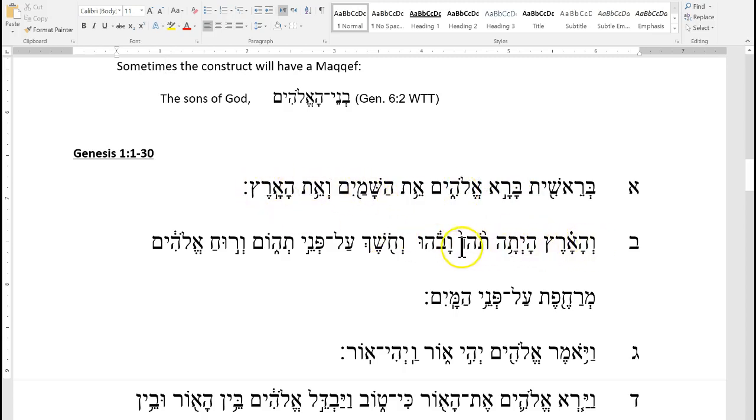V'ha'aretz hayta tohu vavohu v'choshek al pnei tehom v'ruach Elohim merachefet al pnei hamayim. And the earth was without form and void, and darkness was on the face of the deep, and the spirit of Elohim. So this is a construct. The spirit of Elohim was hovering over the faces of the water.